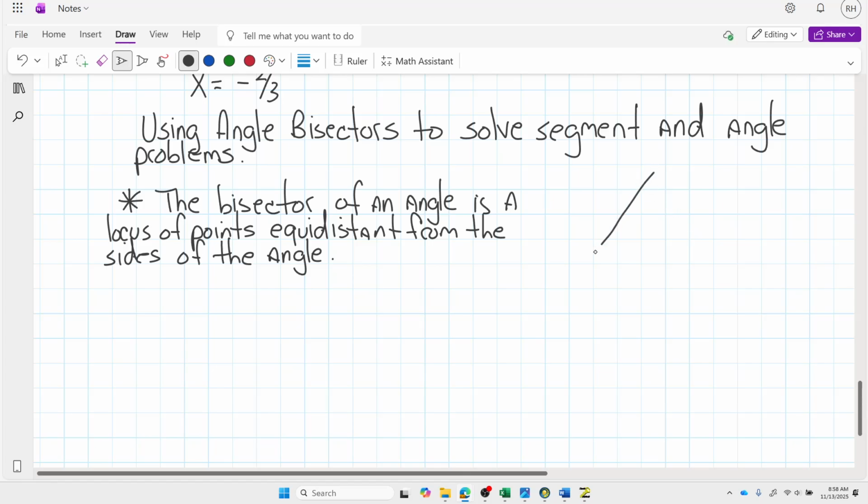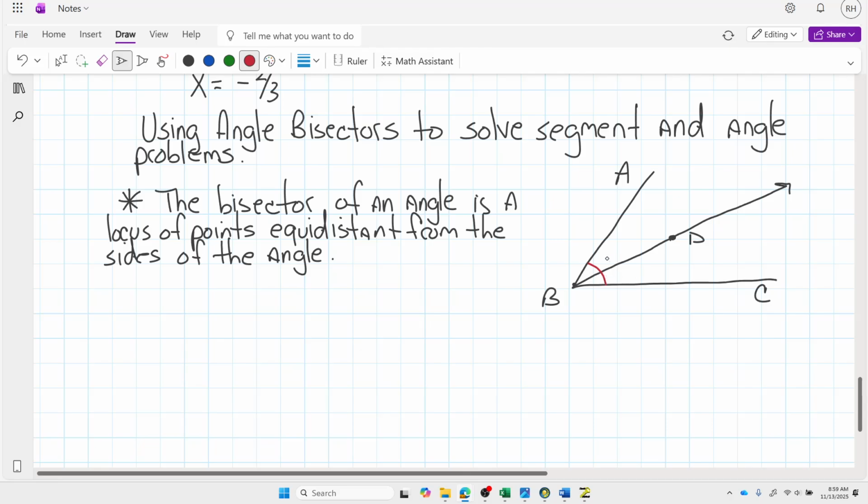So very simply, if you have an angle, and this angle is ABC, an angle bisector, they call it a locus of points. Well, if you connect a locus of points, you get a ray. So if you have a ray that starts at point B, and it goes up and to the right in this direction, and you put point D on it, an angle bisector cuts the original angle ABC in half.